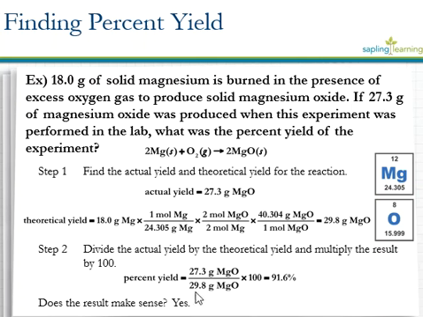So it's a pretty easy calculation. You take the amount that was actually produced, divide that by what could have been produced, multiply times 100 to make it a percent, and we get 91.6%. So in this particular experiment, 91.6% of the product was actually formed.